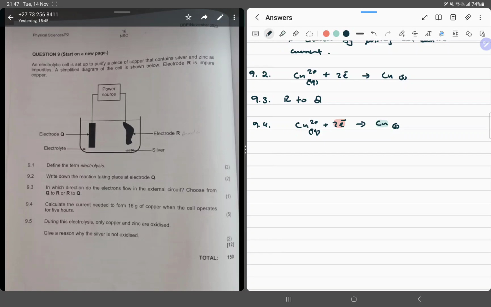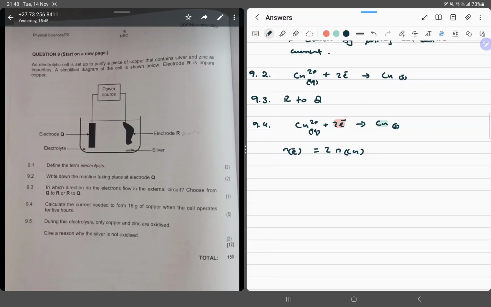So essentially, the number of moles of electrons here is going to be, can you see it's 2 is to 1? So if we want the number of moles of electrons, we need to double the number of moles of copper. So it's going to be 2 times the number of moles of copper deposited.